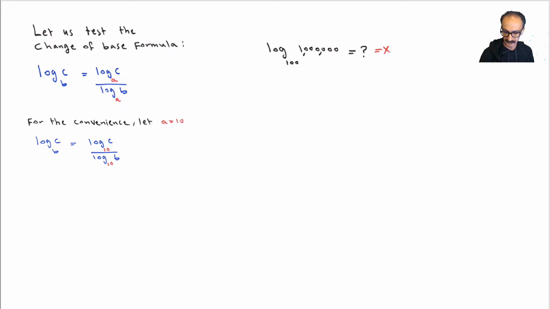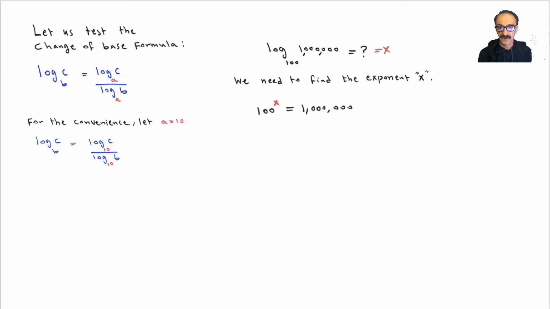Let's call it x. So we need to find the exponent x, because we read this as 100 to the power x equals a million. Notice that we put commas to read the zeros quicker. We have 6 zeros. Keep that in mind. So it's 100 to the power x equals a million.